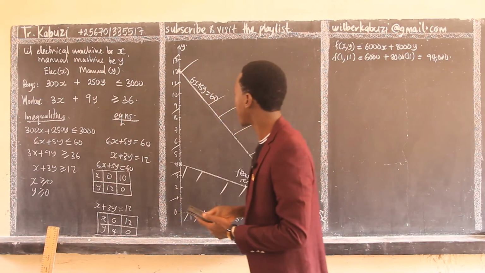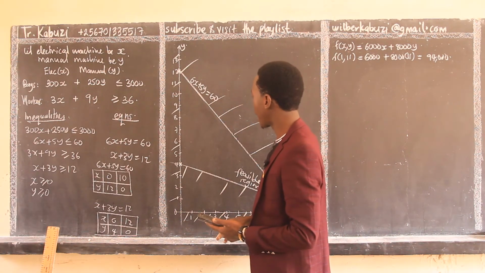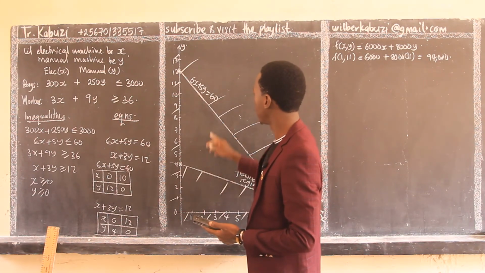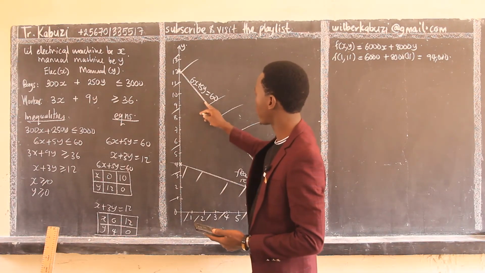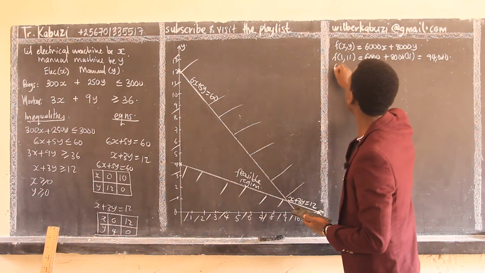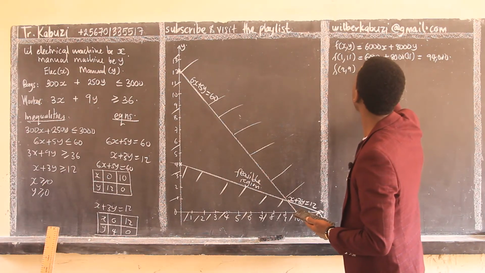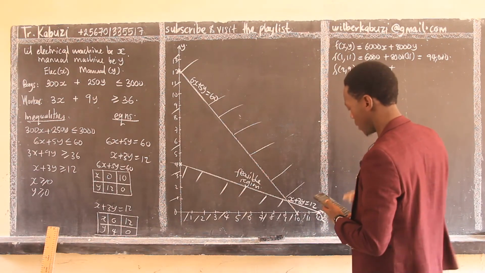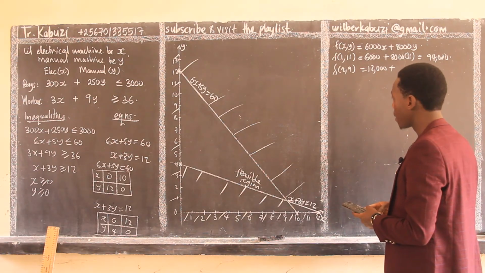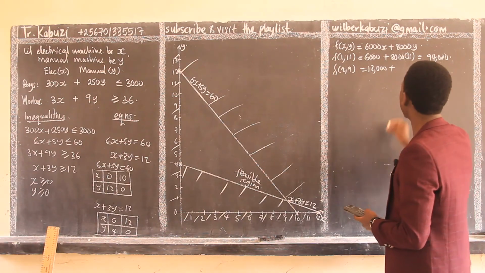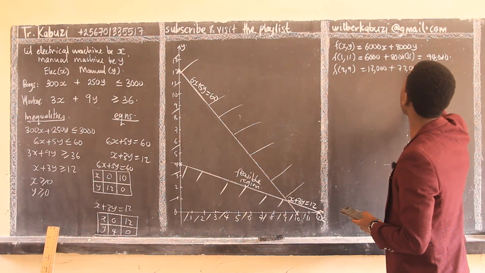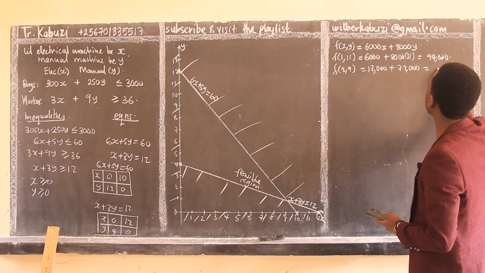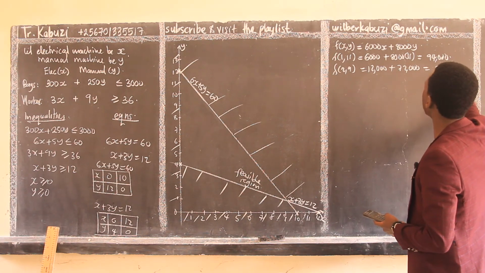Now I can try the other one, which can be 3, 10. It can't work, so I can try 2, 9. If I try 2, 9, I'll have 12,000 plus 72,000, which when you add that, you get 84,000.